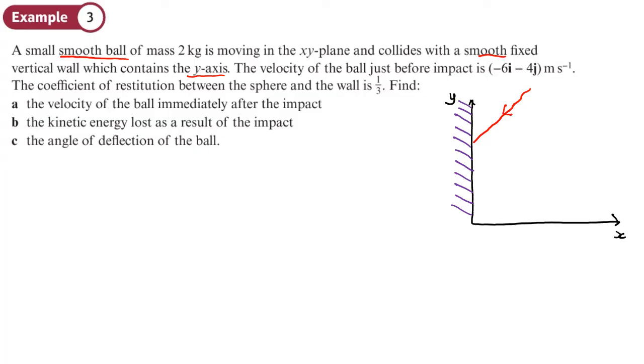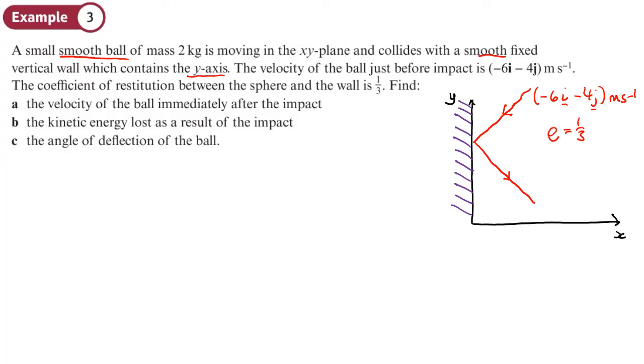Okay, so that velocity is -6i minus 4j meters per second just before the impact, and then it rebounds off like this. The coefficient of restitution is 1/3, and we want to find the velocity of the ball after impact.